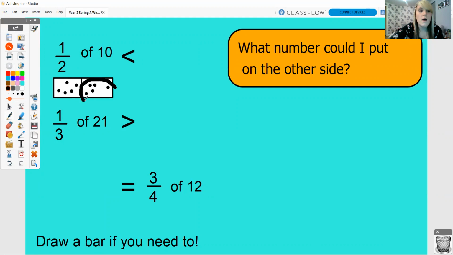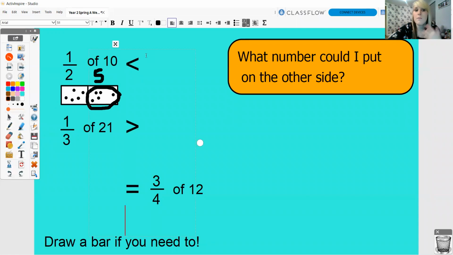So 1/2 of 10 is 5. And Miss Warren would recommend solving each side first. So this means the crocodile wants something bigger or greater than 5. So we could put 6, 7, 8, 9, 10, 11, 12. Let's put 24. As long as it's bigger, it can be any number.